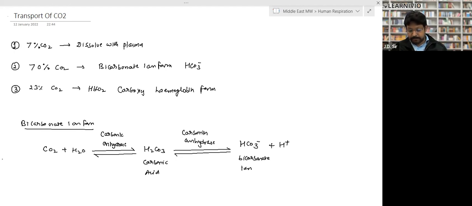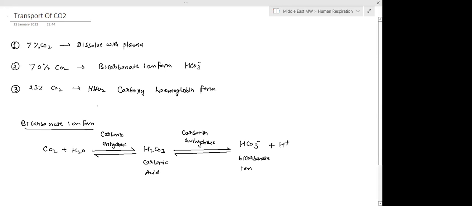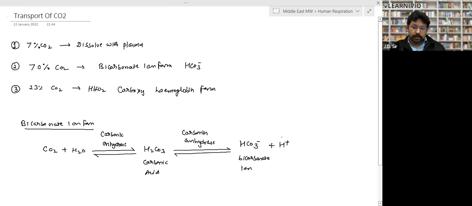The liberated hydrogen ion causes a little change in the pH value of blood under resting condition.